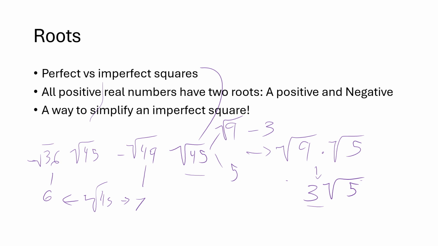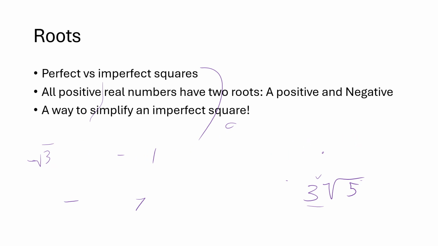So there's also another thing to know. All positive real numbers have 2 square roots. So whenever you square root a number, in this case the square root of 25, it has a positive and a negative answer, which we write as positive or negative 5.